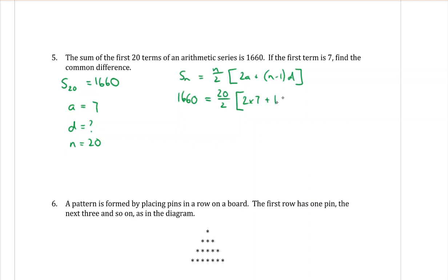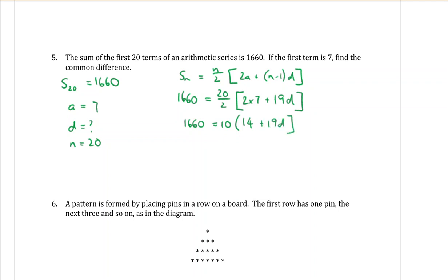Let's just change that to a 19 and save ourselves some trouble. 19d, close bracket. So 20 divided by 2 is the 10. So I'm going to have 1660 equals 10. 2 times 7 is 14 plus 19d.